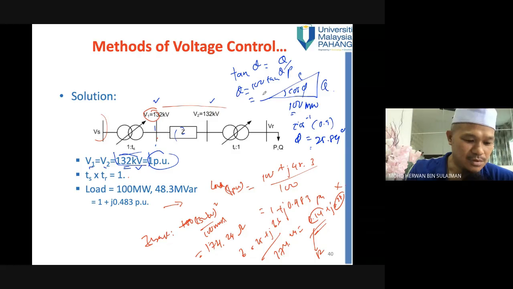Shift cos 0.9, then tangent of the answer, multiplied by 100. You get your Q equals 48.432.